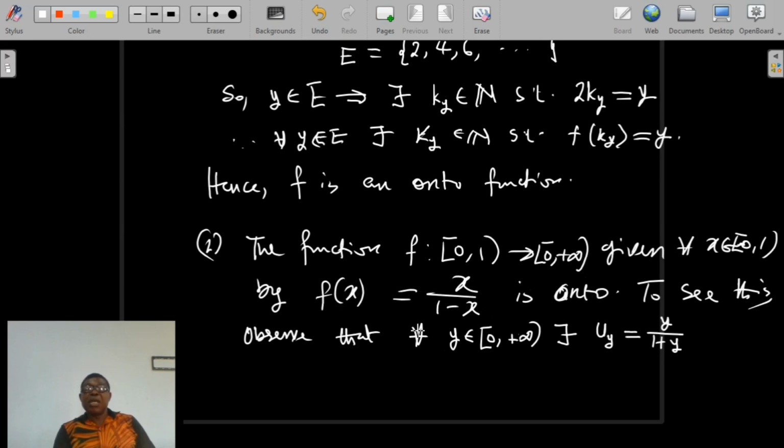To see this, if we take y in [0, +infinity), then there exists u_y equals y over 1 plus y. Observe that y over 1 plus y is greater or equal to 0, but less than 1 for any y that lies here, as 0 is 0, and anything bigger than 0 will give something less than 1. This means that this u_y defined like this is in the interval [0, 1).